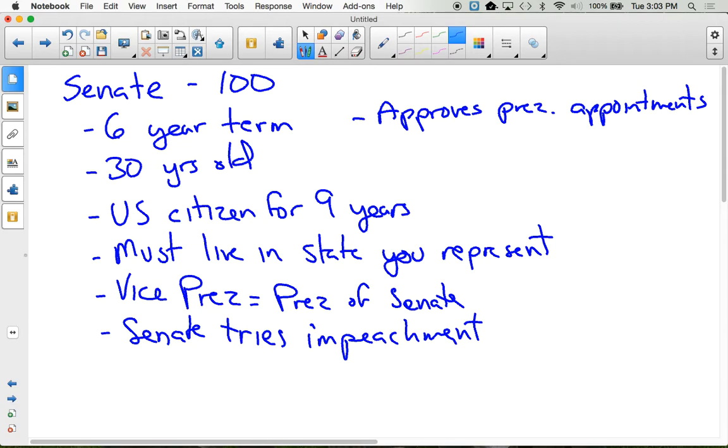Merrick Garland was put up for the Supreme Court, and the Senate said we will not hear his appointment, right? Which is their constitutional duty to do. Okay? So they are choosing not to do that at this point. Now, they have reasons for doing that, but in theory, that is their responsibility to do it.